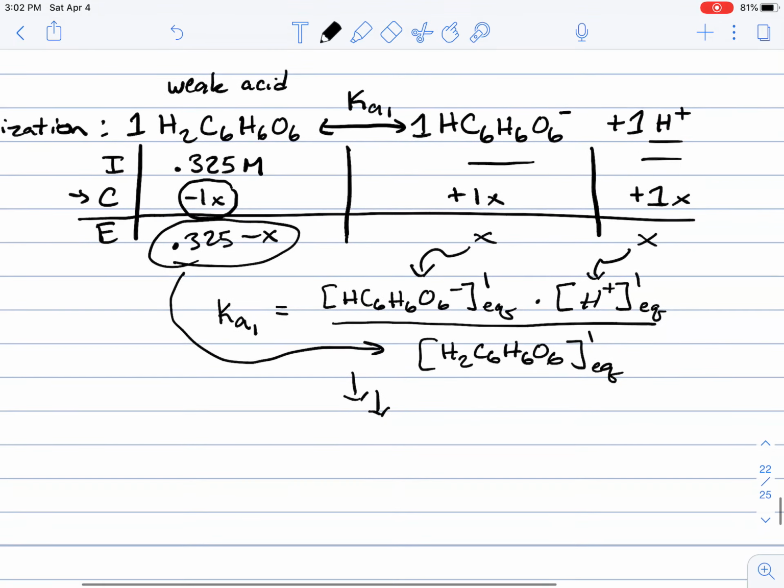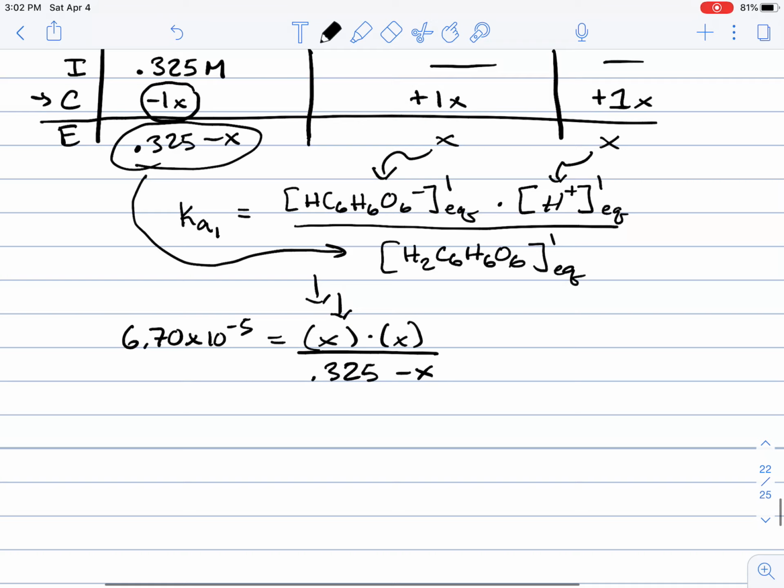So that way we get 6.70 times 10 to the negative 5 is equal to x times x over 0.325 minus x. And so I'm going to go ahead and multiply these two x's so that I get an x squared.